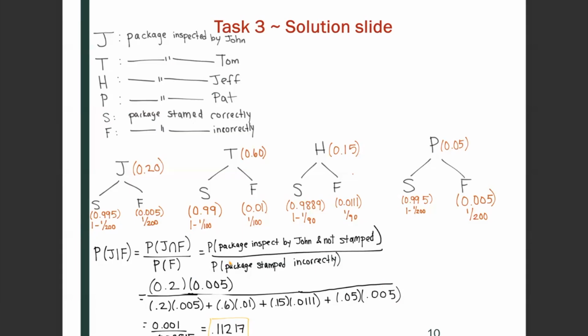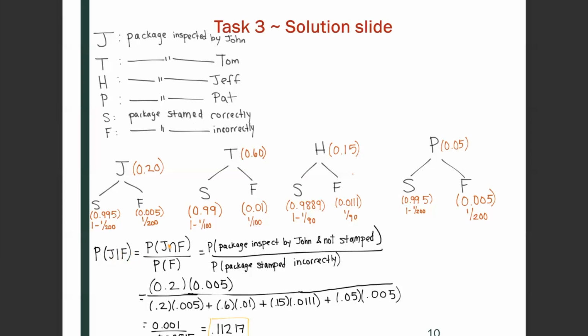So in other words, given that our package is stamped incorrectly, what is the probability that it was inspected by John? What is the probability of J given F?